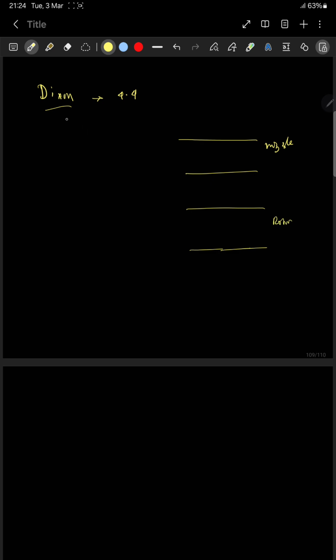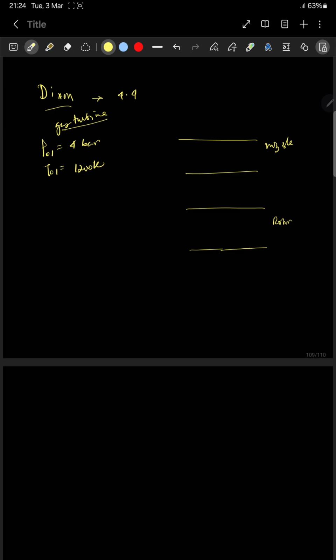This is a gas turbine. Okay, so the stagnation pressure is 4 bar and the stagnation temperature is 1200 Kelvin.